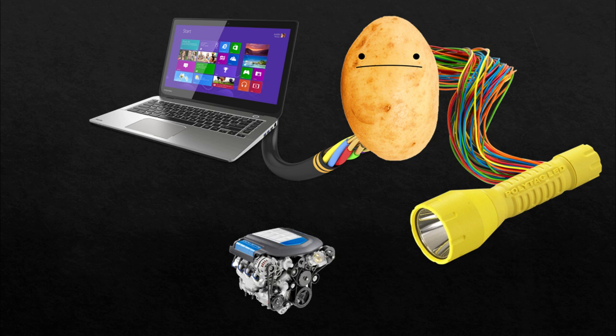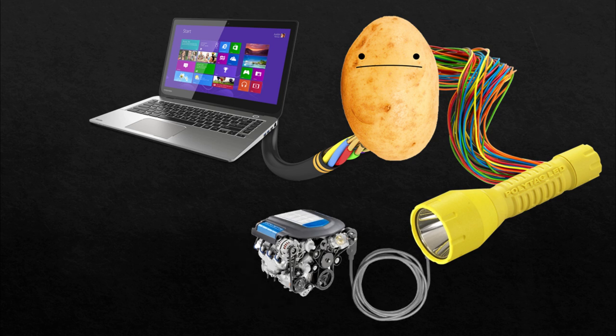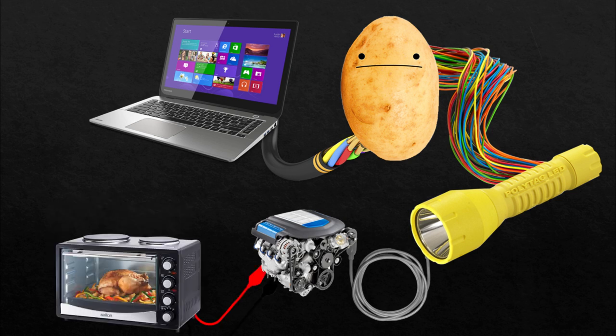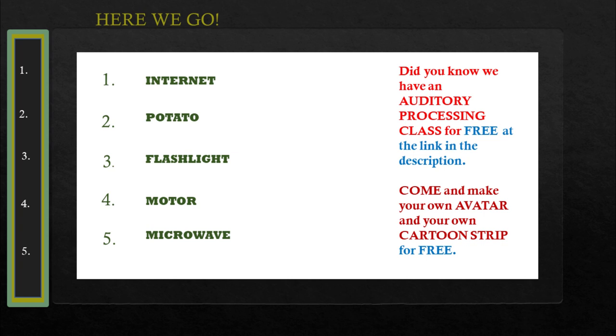And then you're like, hey, while I'm at it, people go camping. We use our microwaves every day. I'm sure they'd like to take their microwave with them camping. Why don't I hook this motor up to a microwave so that it makes it portable? So now we have gone from the internet, potato, flashlight, motor, microwave, all in this story.